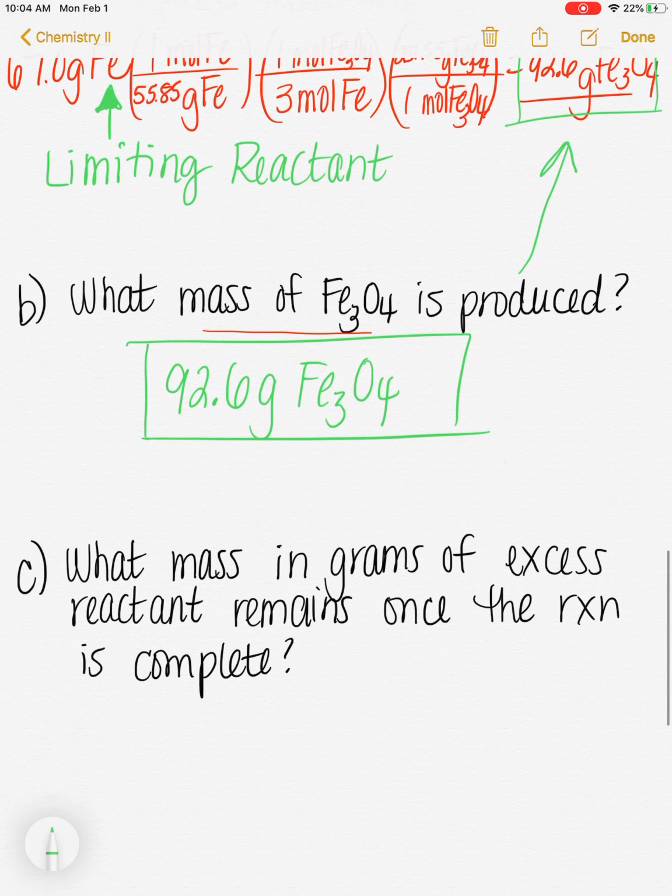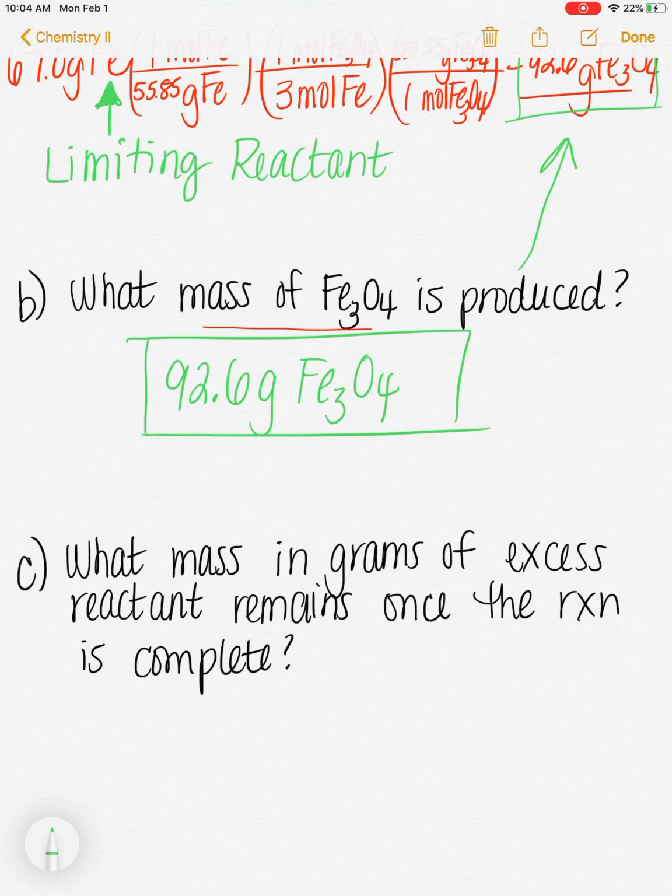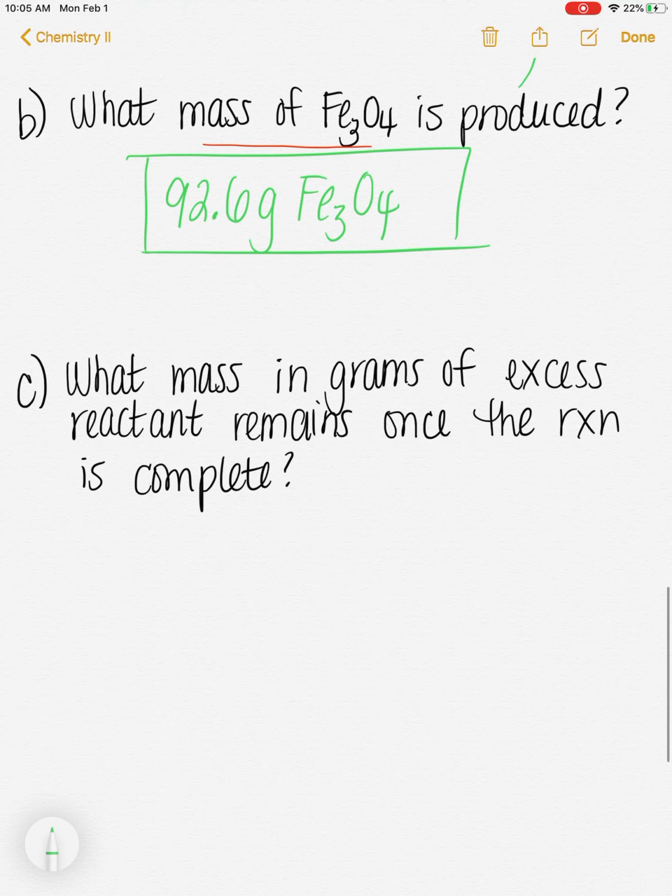Part C. This is probably the longest problem that you do on limiting reactant problems when it asks you about how much excess reactant is left over. So it says, what mass in grams of excess reactant remains once the reaction is complete? Okay, here is the thought process that we're going to use to figure out how much is left.